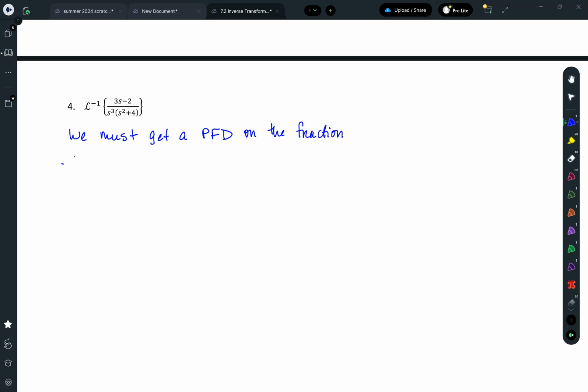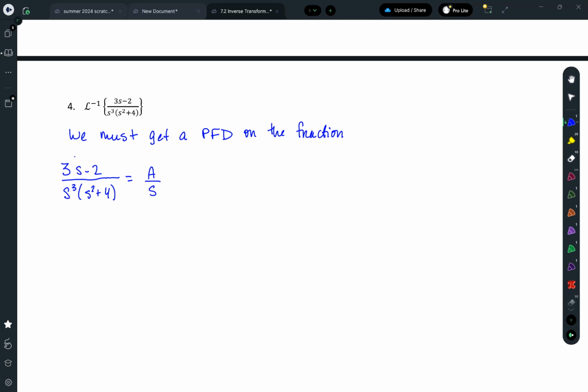So we're looking at 3s minus 2 over s cubed times s squared plus 4. So the s cubed I'll deal with first. It's possible that there was an a over s that got added to a bunch of fractions.